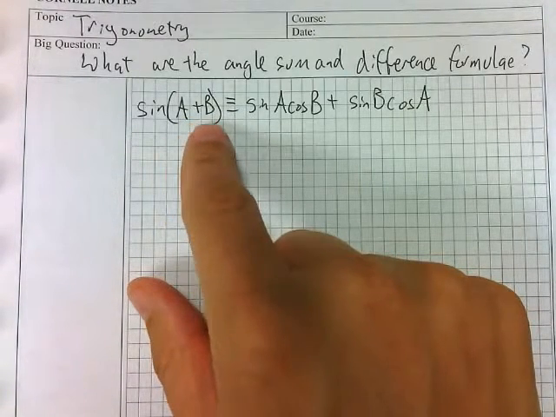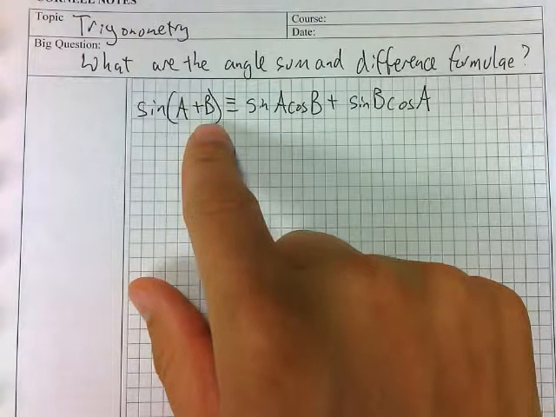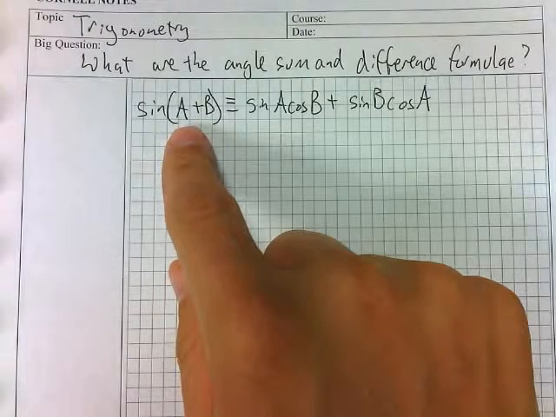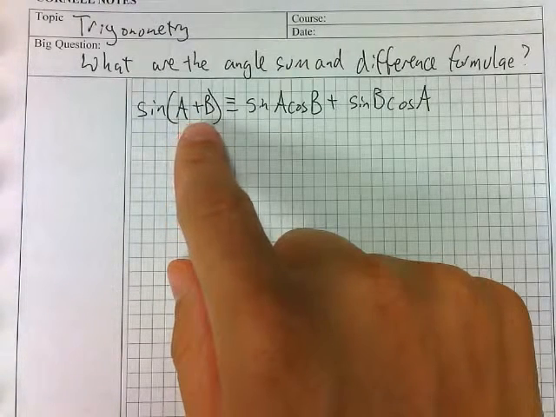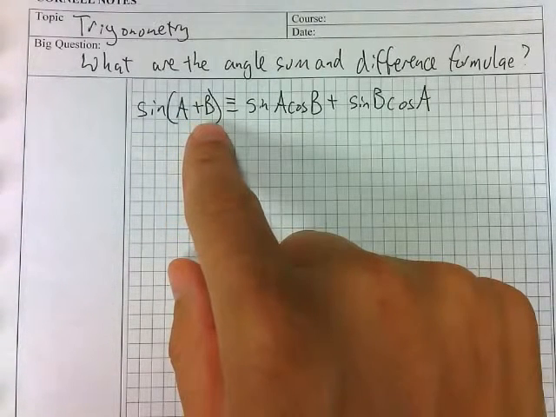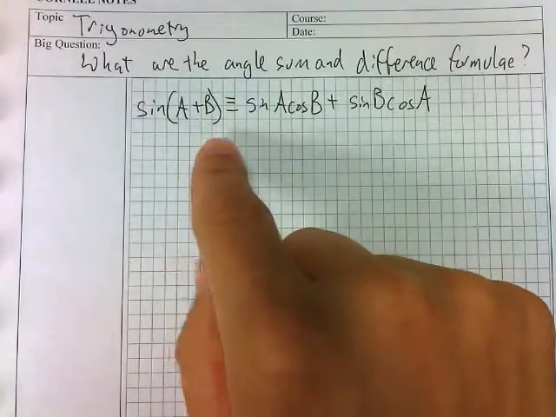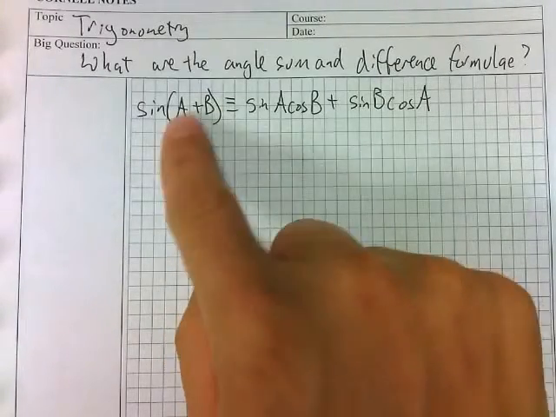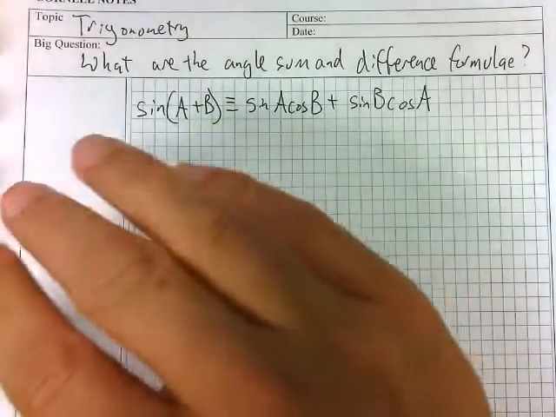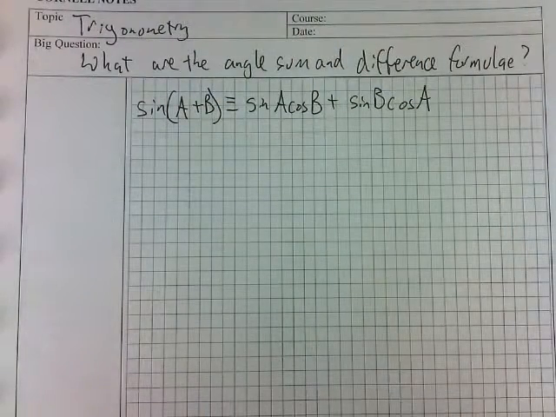Well, there's nowhere on my unit circle where I know exactly what that is, but I do know what the sine of 90 is, and I can figure out what the sine of 15 degrees is. So using those two things added together, I can figure out the exact value of sine of 105. I'll step through an example here in a minute.